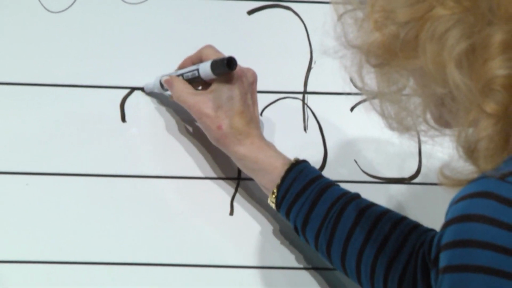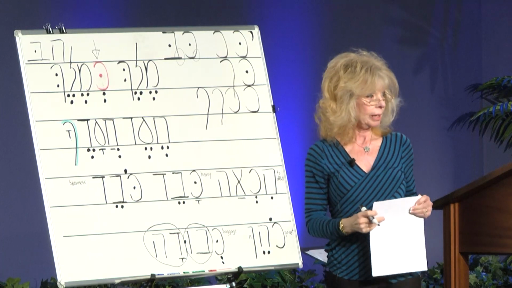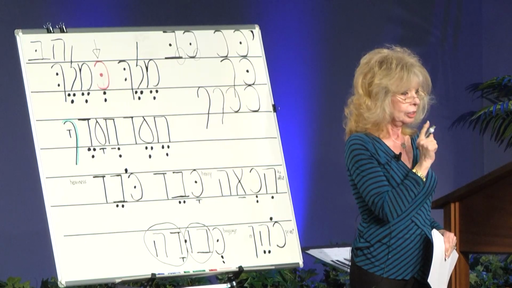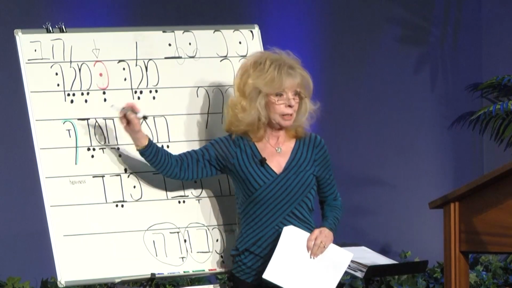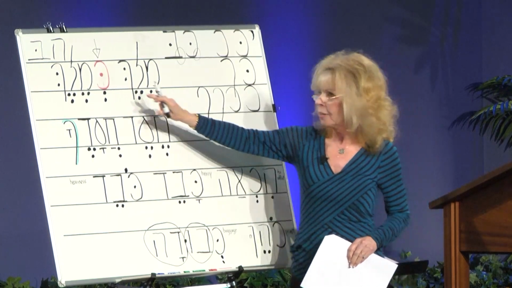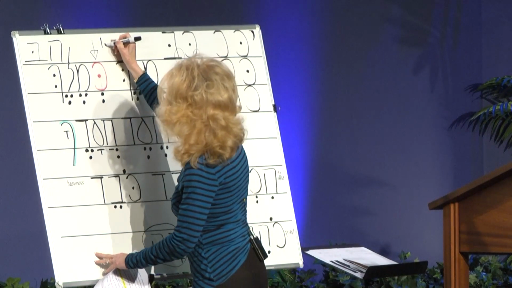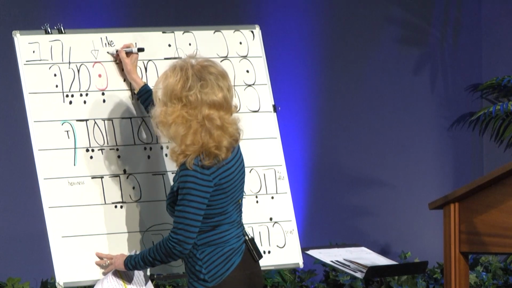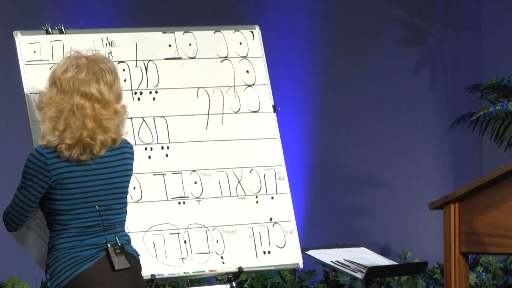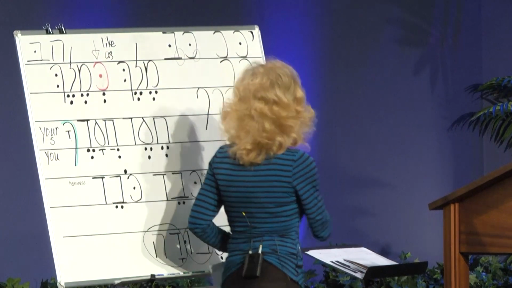Okay, and that's how you write the cough. And how many forms does cough have? 2. When it's at the end, what does it mean? Yours. Excellent. When it's at the beginning, what's it mean? Like or as. Let me write it for you. Like or as. And when it's at the end, it's yours or you. Okay?